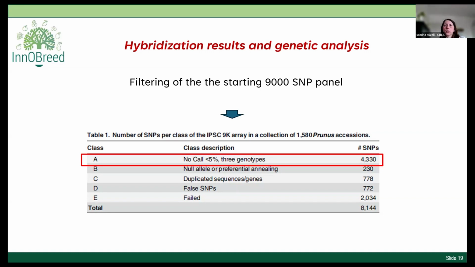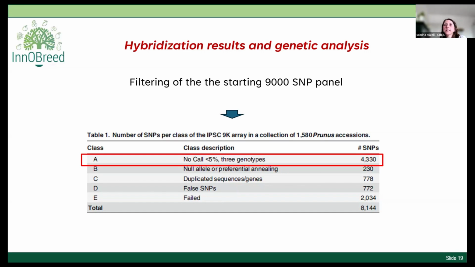So we filtered out those markers giving ambiguous signals for the presence of null alleles or preferential annealing, those with duplicated sequences and genes, those which were not in fact markers because they were monomorphic and didn't detect any variant, and those that failed to give any signal.